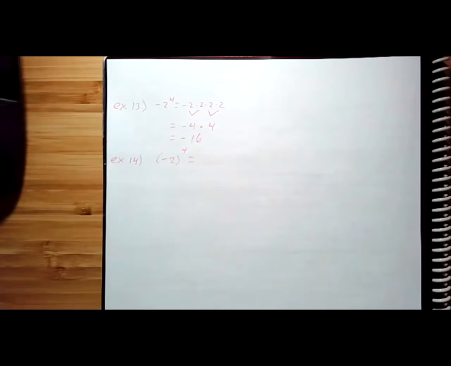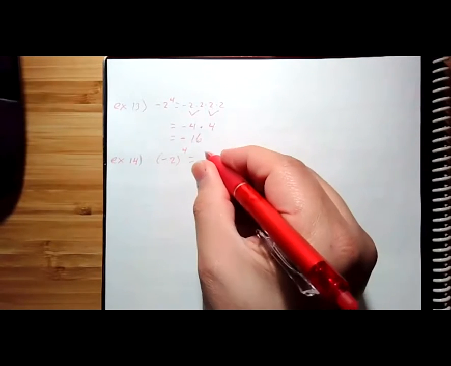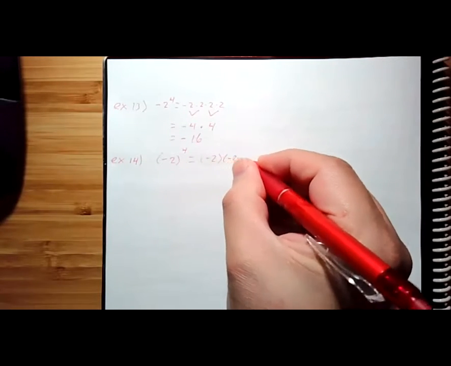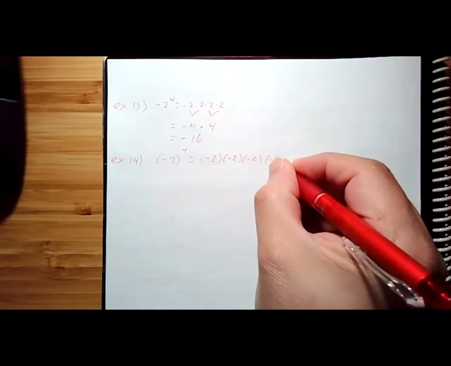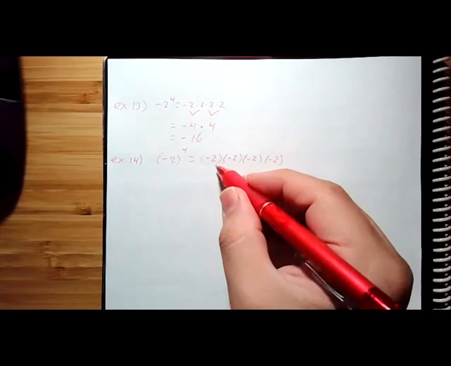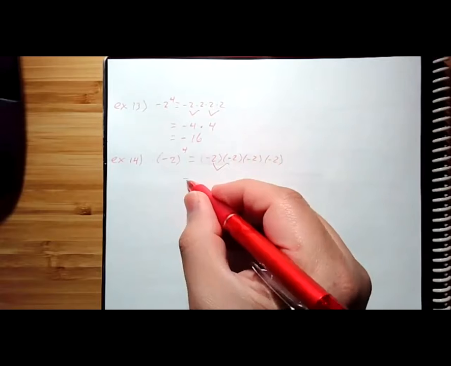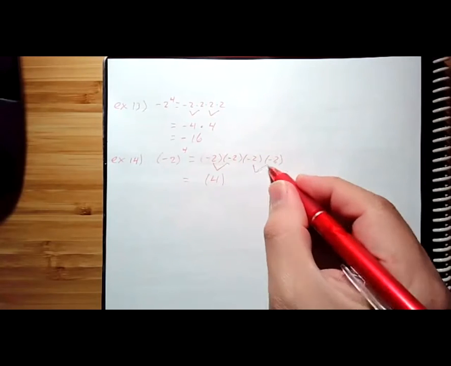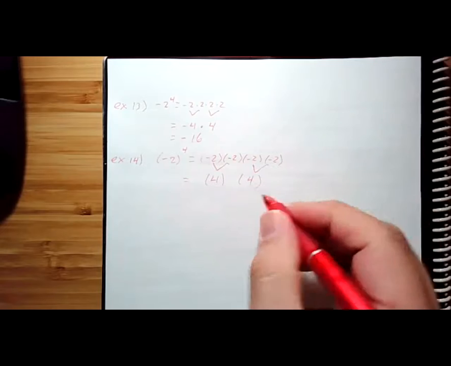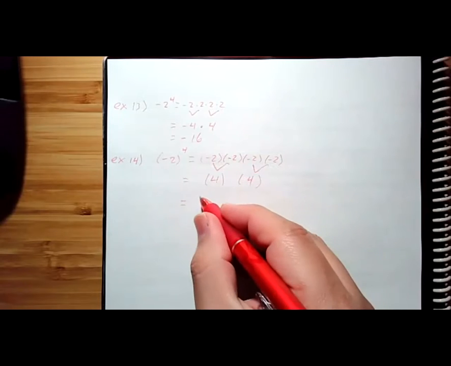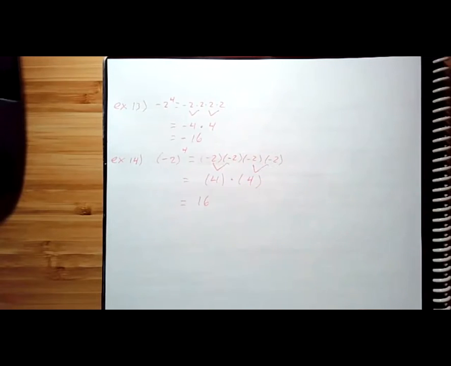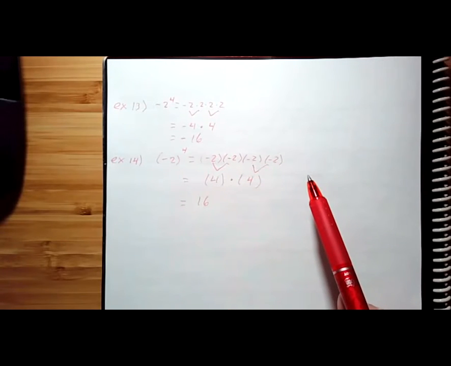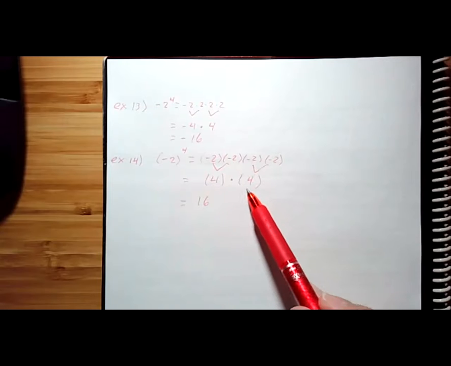-2 to the 4th. We said that means you got to do the entire thing 4 times, right? So negative times negative, we agreed, is going to be positive. Negative times negative again is the same thing. So now 4 times 4 is 16. So when you have an even number of negatives, it's going to be positive because of this right here.